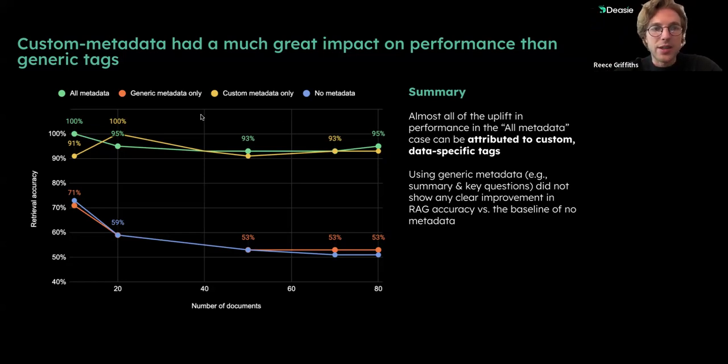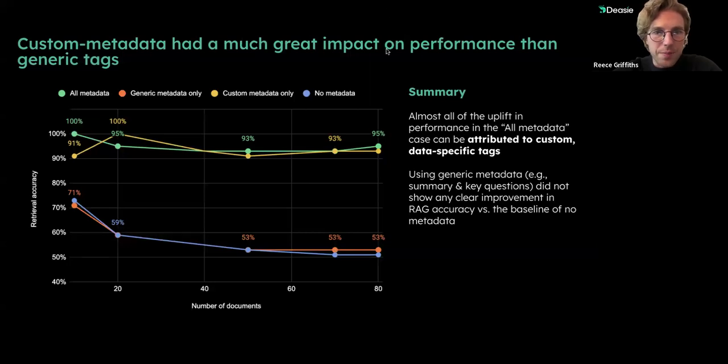Whereas when we just had the key questions and summary semantic metadata, we didn't see much improvement at all. If you look at the orange and the blue lines here, this is comparing no metadata in blue with generic metadata, which is just document summary and key questions.